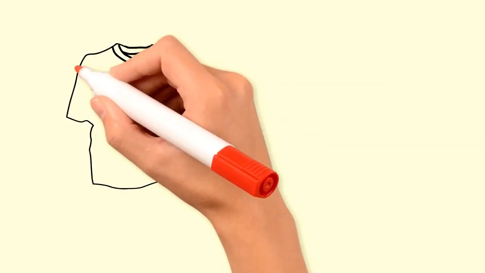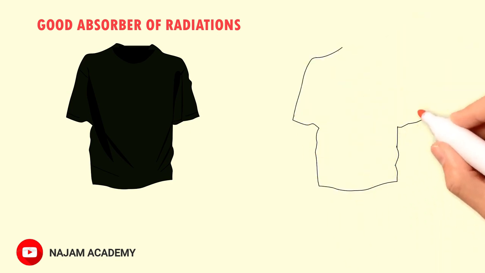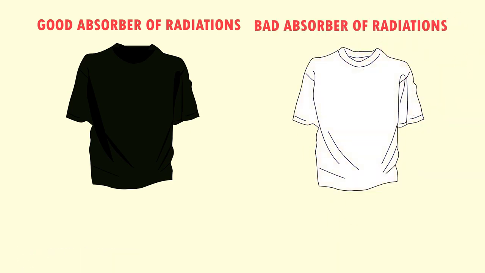Remember that black objects are good absorbers of radiation, like this t-shirt, while white objects are bad absorbers or good reflectors of radiations, like this t-shirt. In winter, people wear black color dress, while in summer, they wear light color or white color dress.